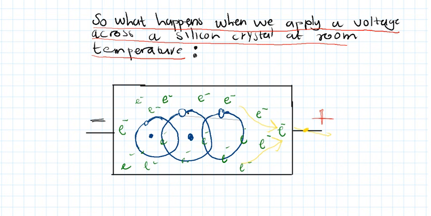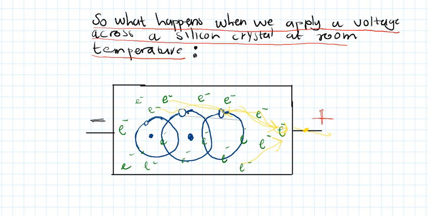So some of the electrons will flow directly to the positive terminal, but some will flow from hole to hole, jump out of that hole, and then move to the other hole, jump out of the hole until they reach the positive terminal of the battery.